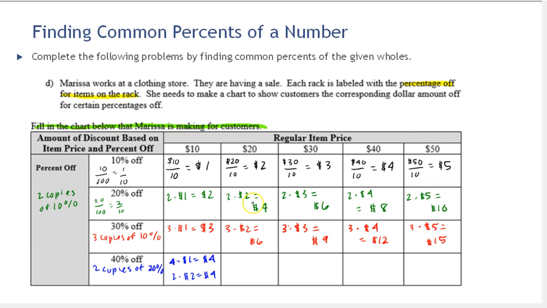Okay, so here we'd have 2 times $4, so 2 copies of 20% is 40%. 2 copies of $6, just 20%, is 40%, so $12 off. 2 copies of $8 is 2 copies of 20%, which is $16 off. And finally, 2 copies of $10 is 2 copies of 20%, which is 40% off, which would be $20.